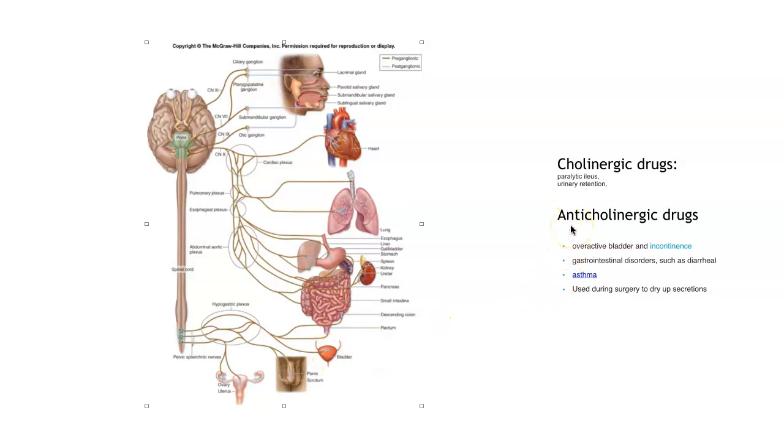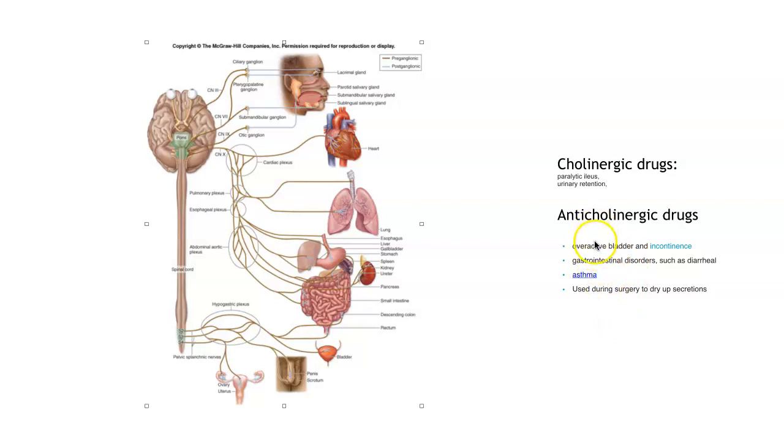Now, they also have anticholinergic drugs. These drugs are going to block the action of acetylcholine on the target organs. So when do we use anticholinergic drugs? These are the ones that are most commonly used.